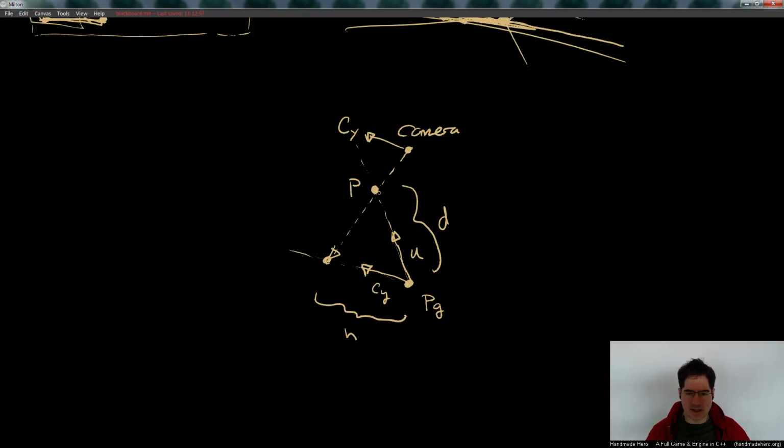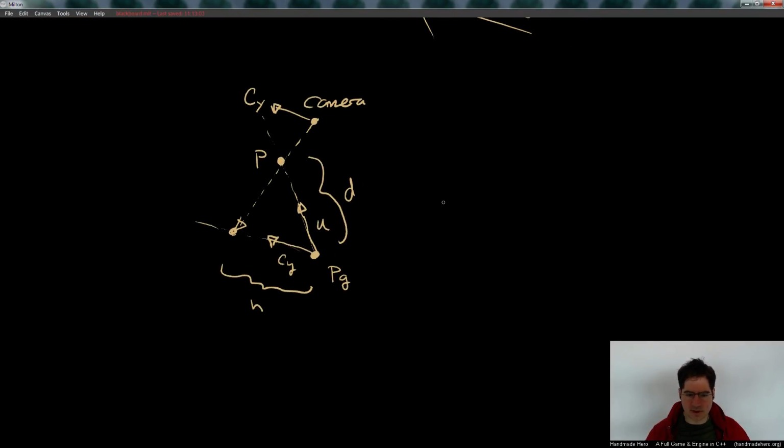So for that point P, we know that what we've got in this case is P equals PG plus this D value times U. So we're starting here, we're going along U until we hit this P value.